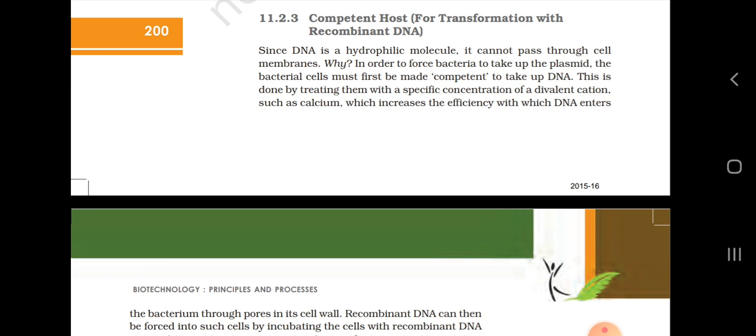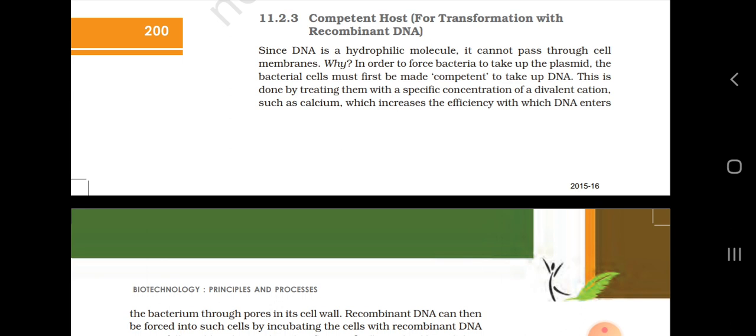Now, how can a cell be made competent? This can be done artificially by chemical methods and physical methods. First, the chemical methods. In the chemical method, the cell is treated with a specific concentration of a divalent cation like calcium, which increases the porosity of the cell wall, and this makes it feasible for the foreign DNA to get inserted.